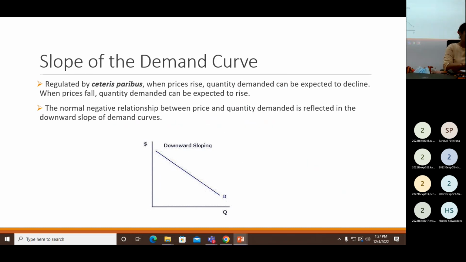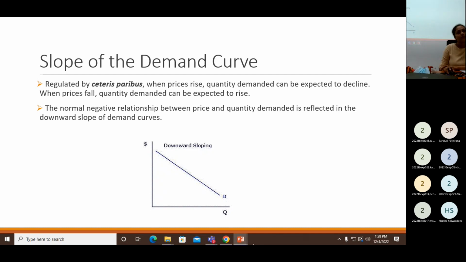Before going to elasticity, I just wanted to recall for you the demand curve. You all have learned about demand in the first session, right? So this is a typical demand curve, and you can see the demand curve is downward sloping, right? You said you learned about demand last week. Can somebody tell me why the demand curve is downward sloping?